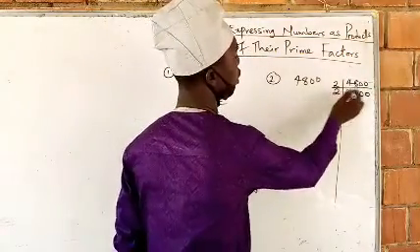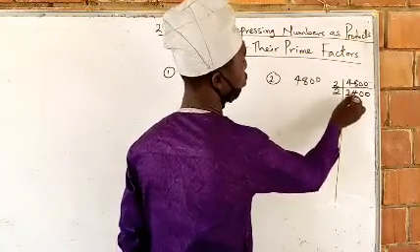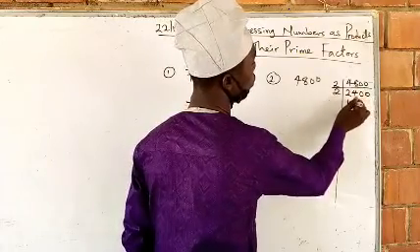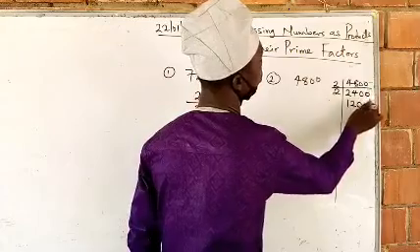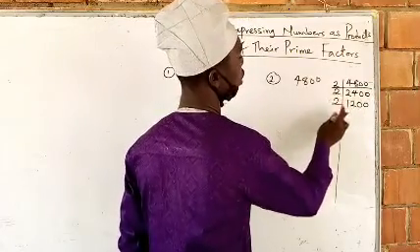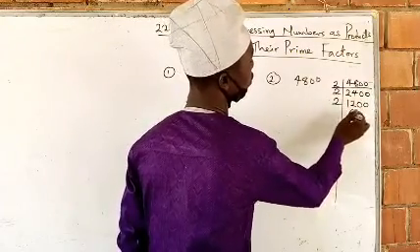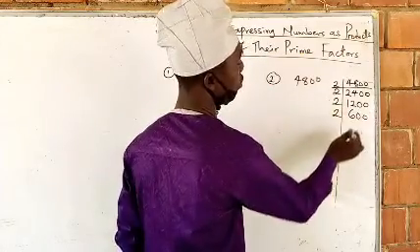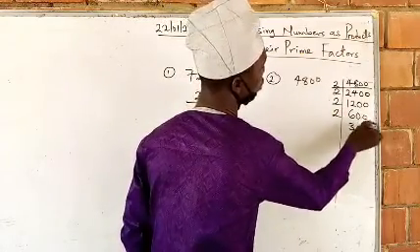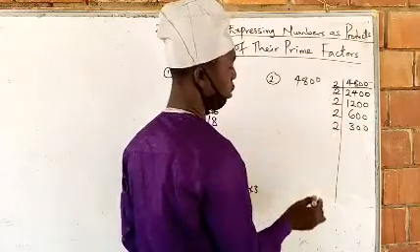Then we use 2 again because we still have 0. 2 in 2, 1. 2 in 4, 2. 2 in 0, 0. 2 in 0, 0. We use 2 again. 2 in 12, 6. 0, 0. 2 again because of this 0. We have 300. We can still use 2 again.